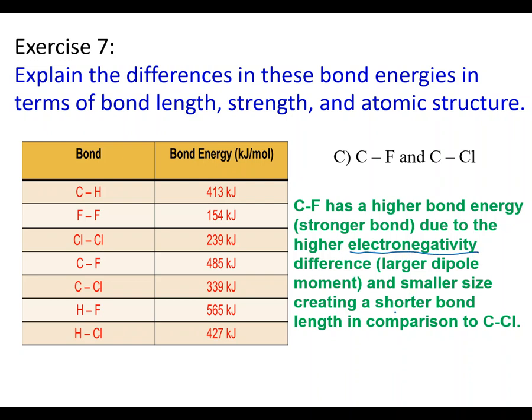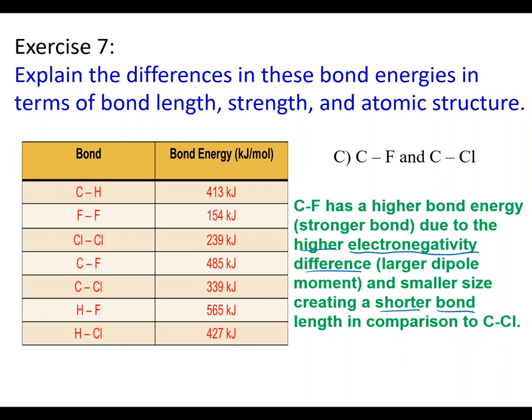But as you can see, the shorter bond, higher electronegativity difference with the larger dipole moment. You can succinctly say both in one sentence, because you know, talk long, talk wrong. You don't want to add too much, but you want to hit the keywords that they're looking for. And that would be what I would suggest for this particular type of question.